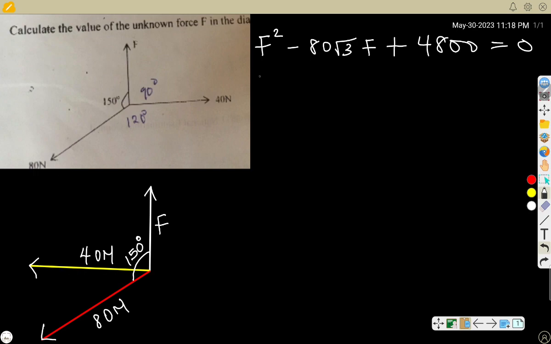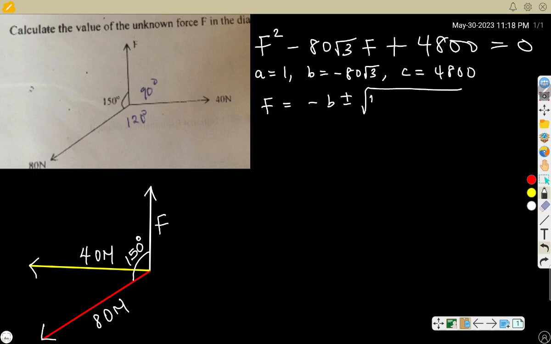From the quadratic form, we know a is now 1, b is minus 80 root 3, c is 4800. So F is equal to minus b plus or minus the square root of b square minus 4ac, everything over 2a.